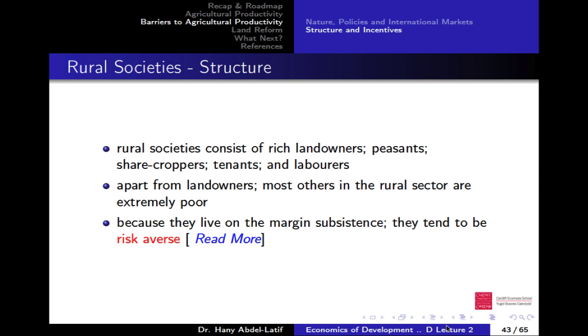Sharecroppers, do you know what that means? I used that before in the past. There's a farmer who uses the land. You give them the land, and at the end they give you a percentage of the crops or the output. This is something you agree on in advance, and it would be different from one village to another.